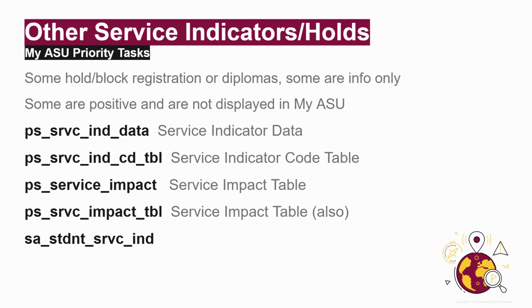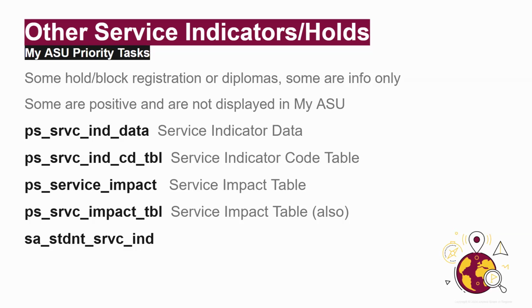And positive and negative doesn't mean what you think it does. Positive just means it's internal only and will never display to the student. One of the examples of those is the military affiliation, a positive service indicator that we use to know that this student receives services or can receive services. It's never going to hold anything. It's not a negative.